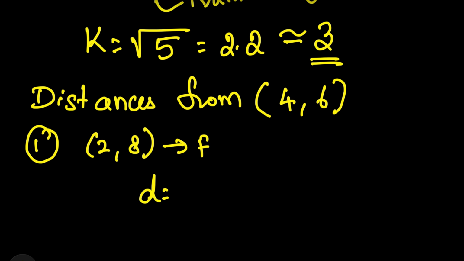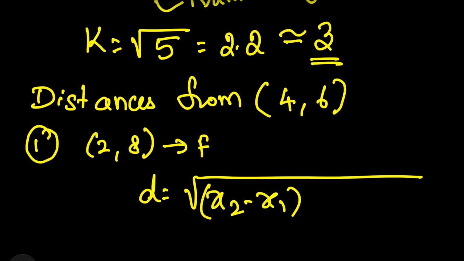What is the formula of the Euclidean distance? We have x2 minus x1 the whole square plus y2 minus y1 the whole square. This is the formula which should be applied.